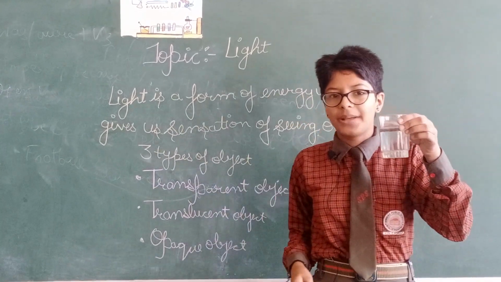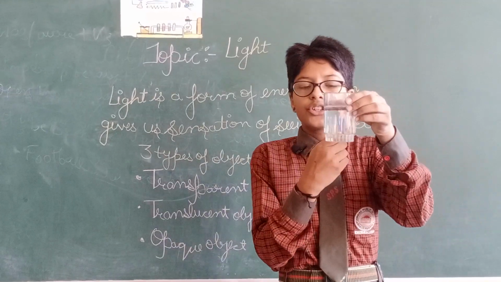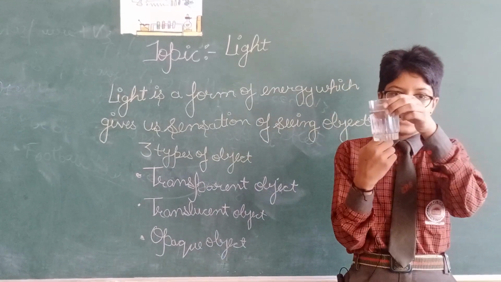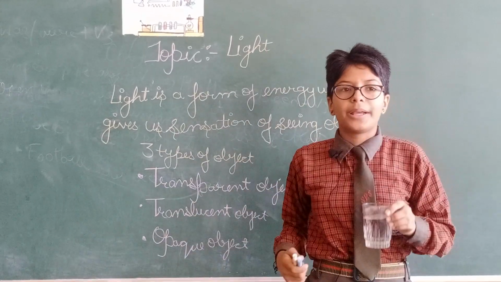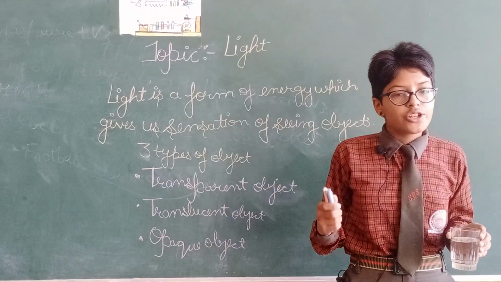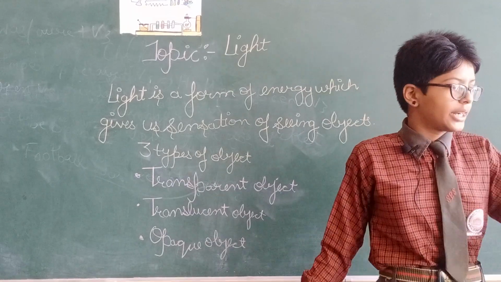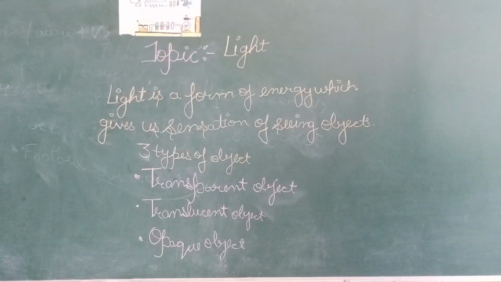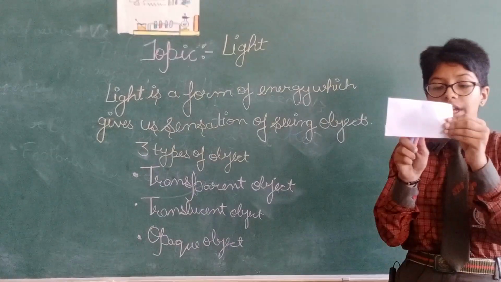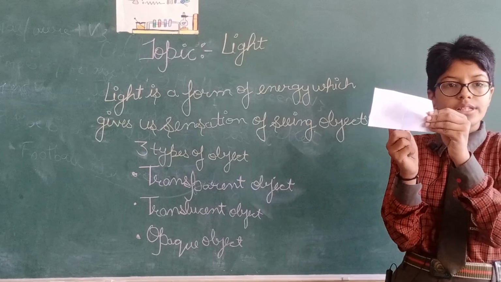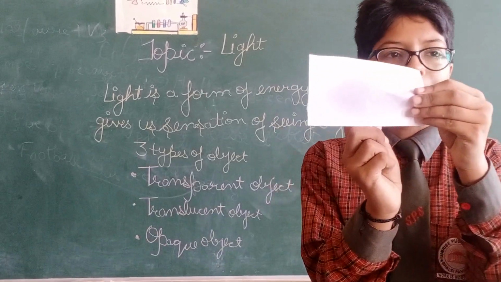So this is a transparent object. If I show you chalks through this, are you able to see the chalks? Yes, because it is a transparent object. Now I will show you the translucent object. This is a paper on which I have put some oil. So this is a translucent object because when I show you the chalks, you are able to see the chalks partially.